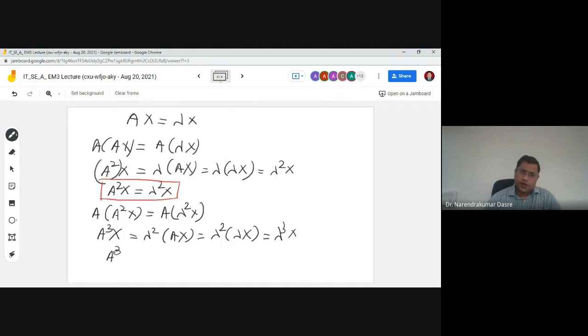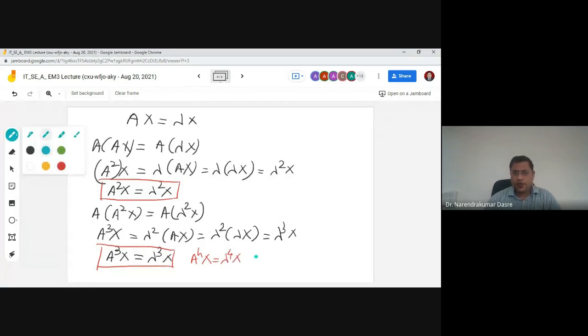So A cube operated on x is nothing but lambda cube x. What will happen if I again multiply this? I'll be having A raised to 4 x is equal to lambda raised to 4 x. Again multiply, A raised to 5 x is equal to lambda raised to 5 x. Again multiply, A raised to 6 x is equal to lambda raised to 6 x.